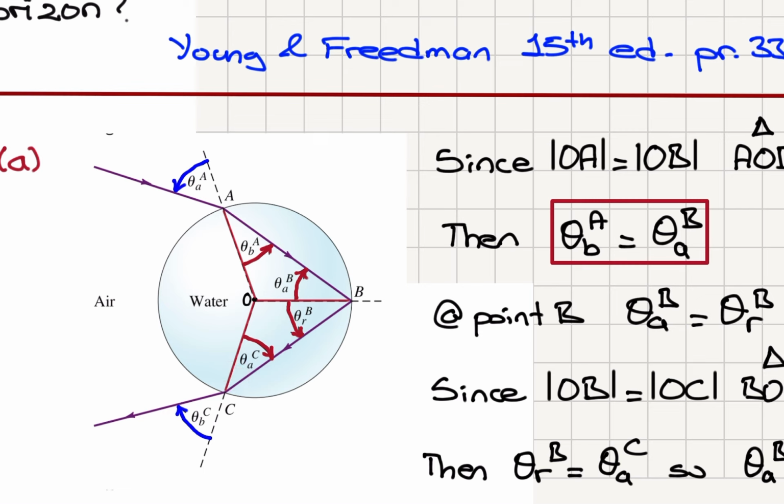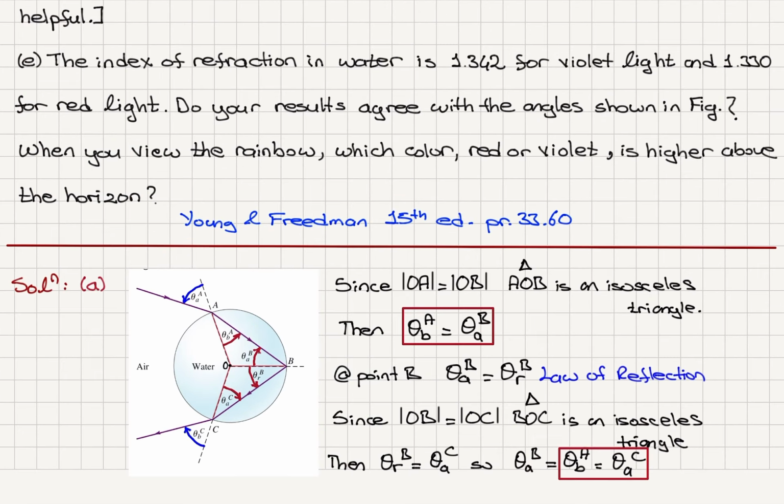The law of reflection tells us that these two angles are the same. We conclude that these four angles are equal, and because Snell's law applies here, 1 times sine of this angle is equal to n times sine of this angle. Then n times sine of this angle is 1 times sine of the same angle. So these two angles must be the same.